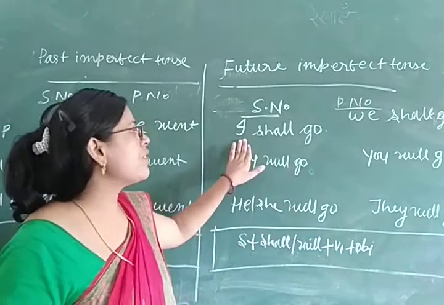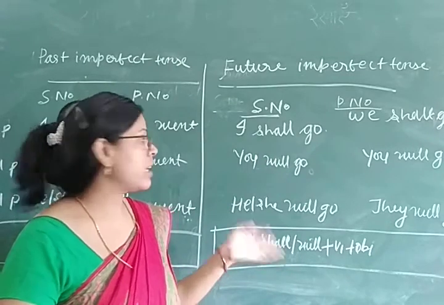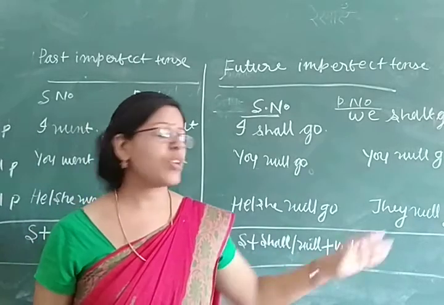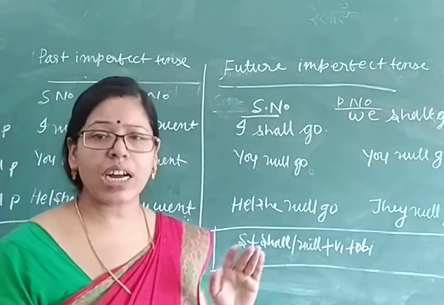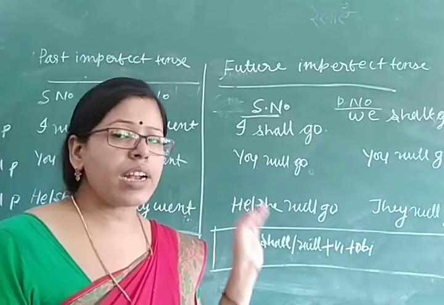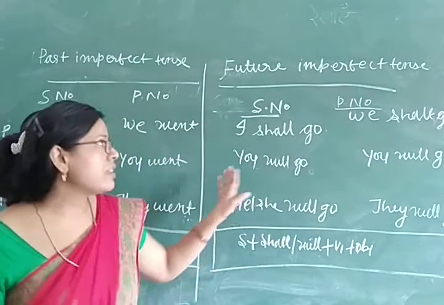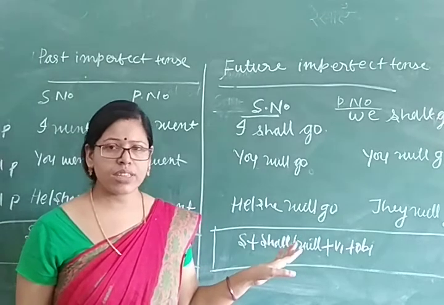For example, I have written I shall go. मैं जाऊँगा. We shall go. हम लोग जाएंगे. आप जाएंगे. आप लोग जाएंगे. वह जाएगी, वे लोग जाएंगे. So everywhere at the end we are getting what? Ga, ge, gi. So if you are getting gagegi at the end of the sentence, it means that these are examples of simple future tense. Alright.